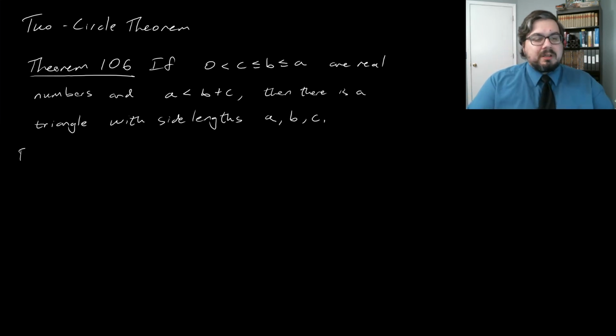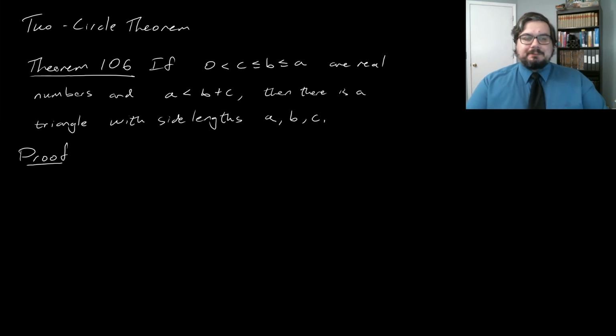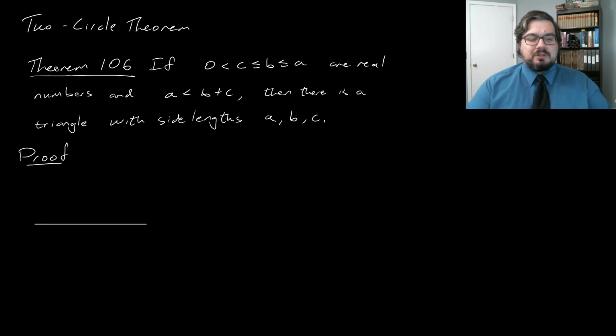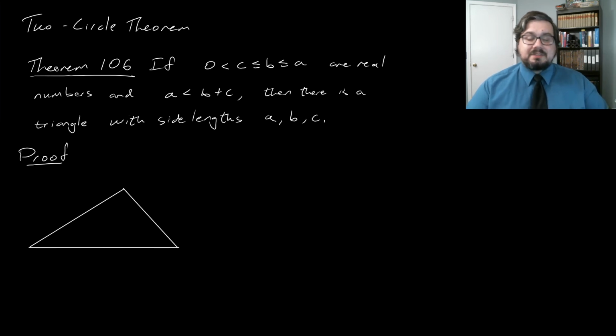So for the proof here, I'm going to work it a little bit backwards. You can find a formal proof in the notes. What I want to do is talk about how we actually come up with it. So we know that we're going to try to construct a triangle with various side lengths. So we can think about what sort of construction options are available to us in geometry.